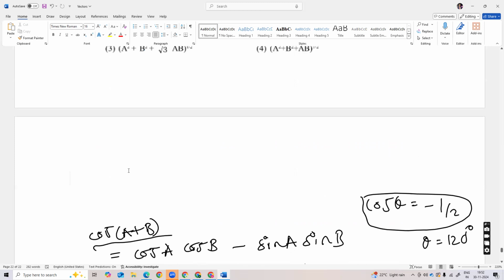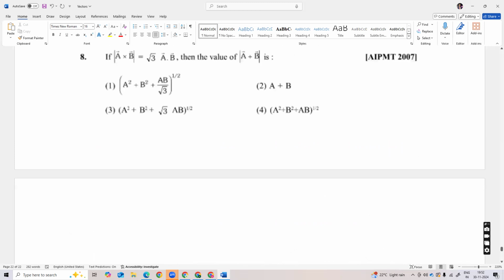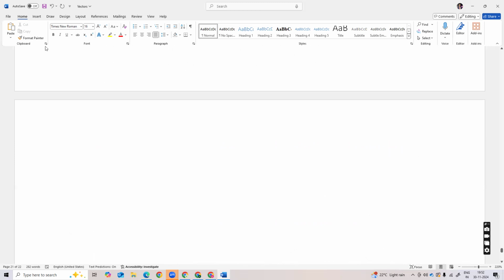Again it is a question of the resultant only. The vector sum of two forces is basically the resultant. If you find the addition, it is R square equals a square plus b square plus 2ab cos theta.